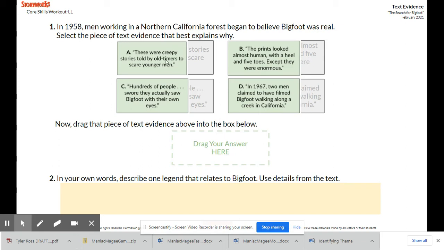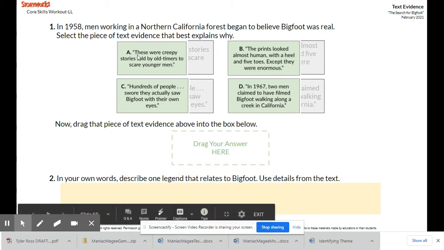So we want the piece of evidence or proof that indicates in 1958, men working in a Northern California forest began to believe that Bigfoot was real. Which one of these four text evidence proves this piece? They all came from the text, but we want the one that best supports this answer.